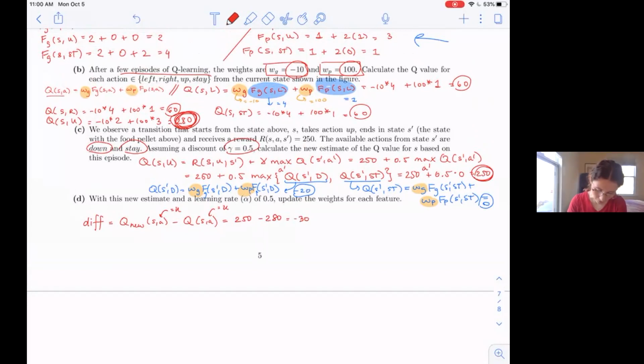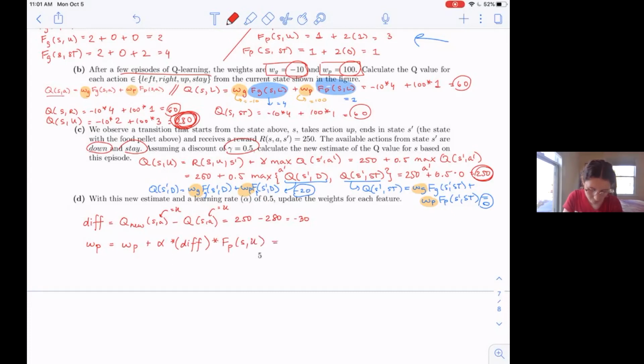Now, how does the update of each of these weights work? Well, we're going to take a particular weight, for example, WP, and we're going to say that WP equals the old value of WP plus our learning rate alpha times the difference in our Q values times the feature FP at state S after taking the action up.